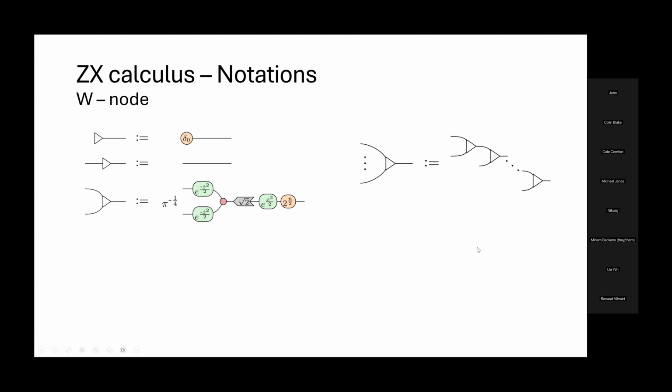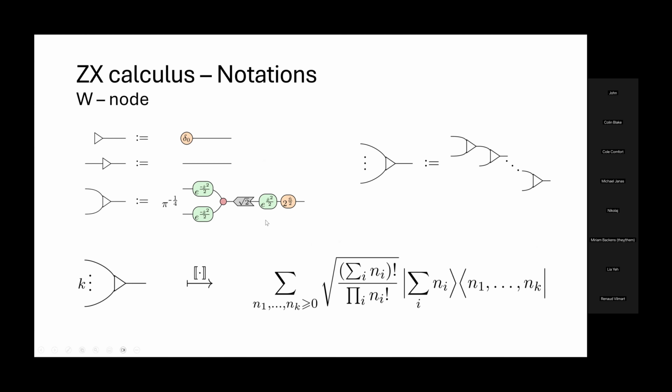Now, the last thing for notation is that we can define the W node. In the qubit case, we have the ZX calculus and the ZW calculus, and the W node is the generator that's used in the ZW calculus. Here's how it's defined. What it does is if I input Fock states N1 to Nk, it gives me the output, which is the sum of all the N1 to Nk basis states.